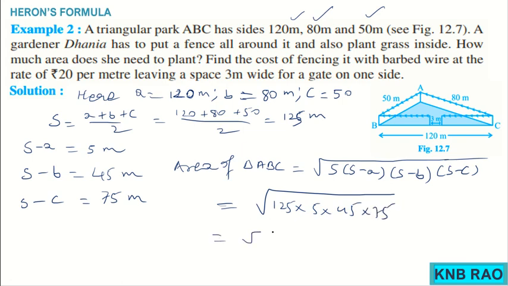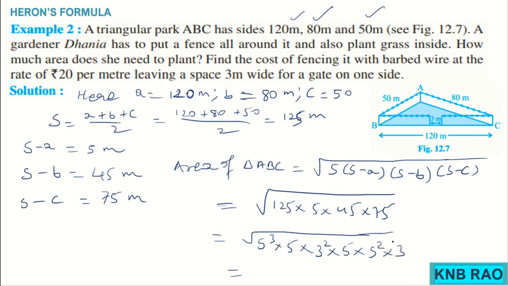You know 125 can be written as 5 cube, 45 can be written as 3 square into 5, that is 9 5s are 45, and 75 can be written as 5 square into 3.